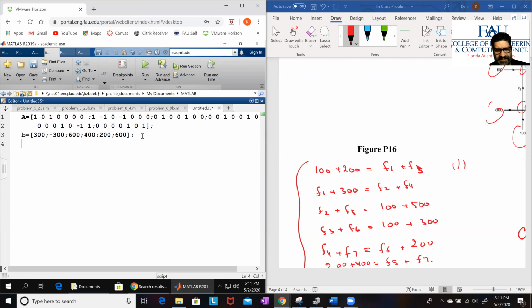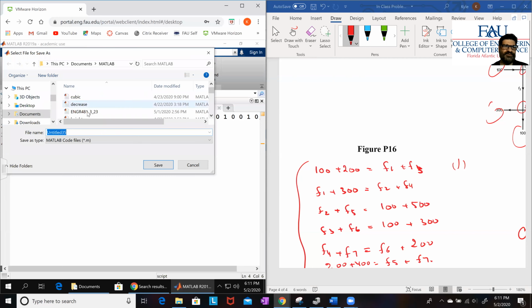So x is equal to A backslash B. Okay. Let me save that and see what we get, because that's what you want to do. But just looking at this, you know that you have 7 unknowns and 6 equations. So this is really underdetermined. So we need to get more data to be able to solve for these.